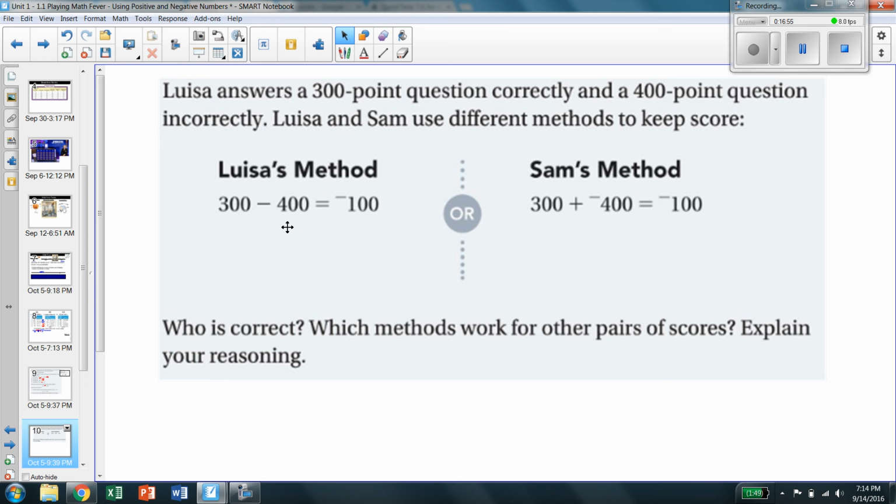The only difference is the 400-point incorrect section: she wrote it as negative 400, he wrote it as plus a negative 400. So which one is it? If you remember from our discussion in class, they're both right. Louisa mathematically did it correctly, and so did Sam, just slightly different.